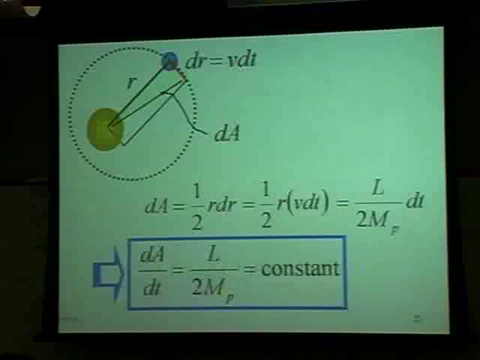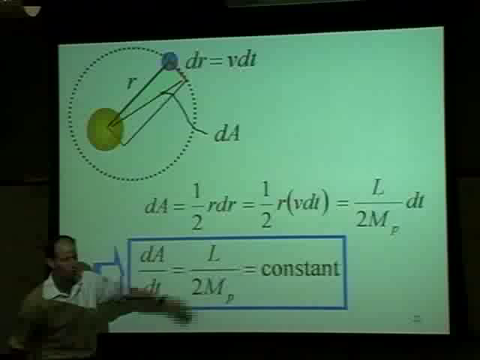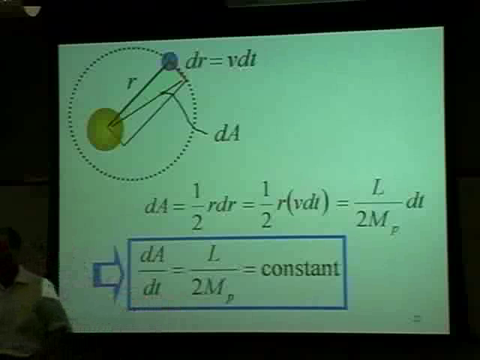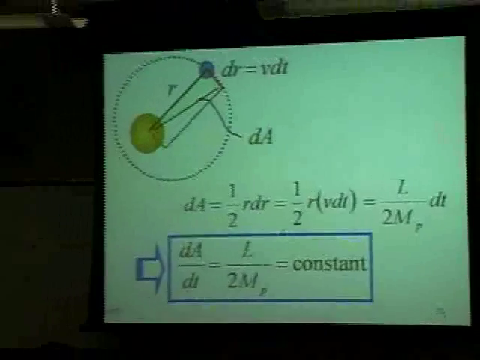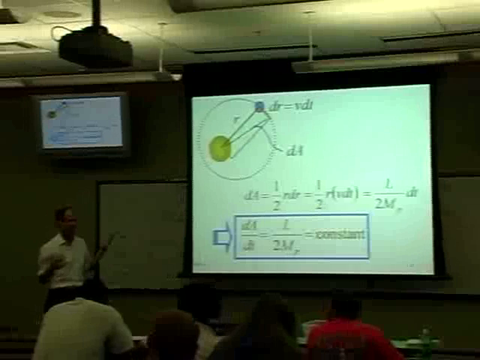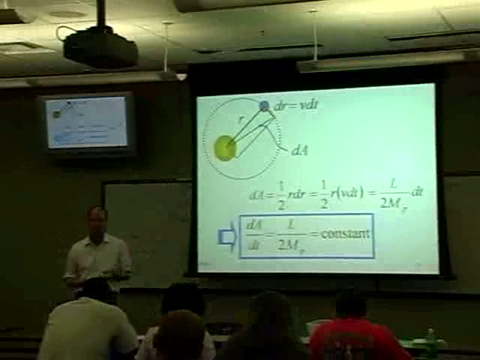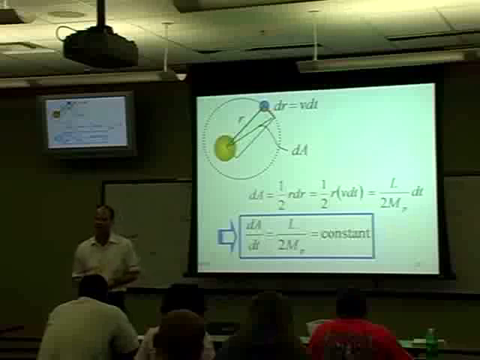Change of area per time is equal to the angular momentum divided by 2 times the mass of the planet. And all these things are constants. Angular momentum is constant, mass of the planet is constant, so your rate of change of area is a constant. This is what Newton did, and he just basically said that Kepler's second law is just a statement of the conservation of angular momentum.